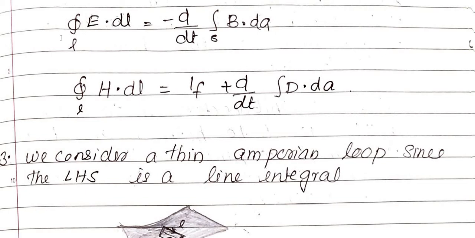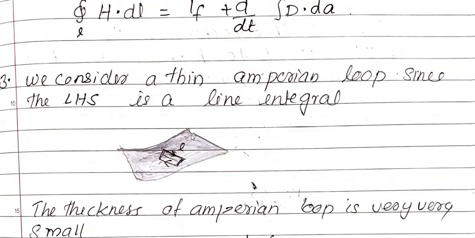So let us consider the first equation, closed integral E dot dl is equal to minus d by dt of integral B dot dA. We consider a thin Amperian loop since the LHS is a line integral. So this is our Amperian loop. Just consider a paper, and there is a small loop which is perpendicular to that paper.